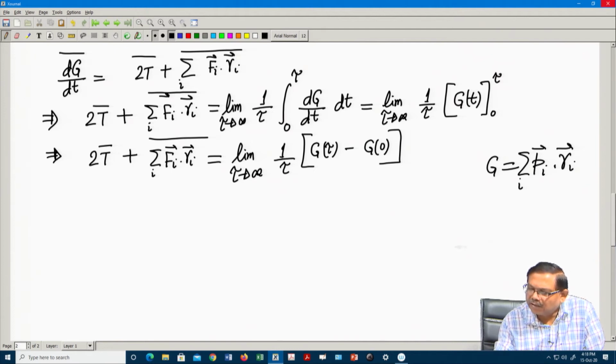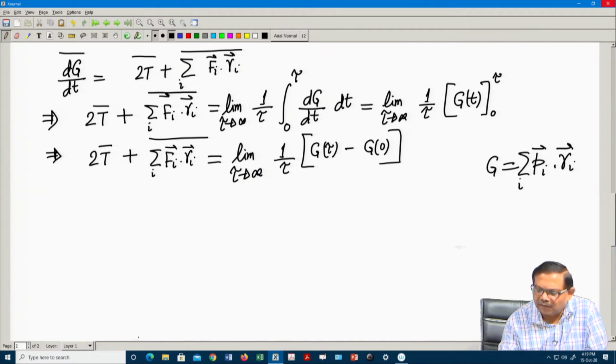So, if r_i is fixed and p_i is fixed for a bounded system, let us say upper bounds are fixed, it need not be constant all the time, but there is a well defined upper bound. So, momentum cannot cross a certain value and its position cannot go beyond a certain value. So, motion is such that in state space the system is confined in a certain volume of the state space.